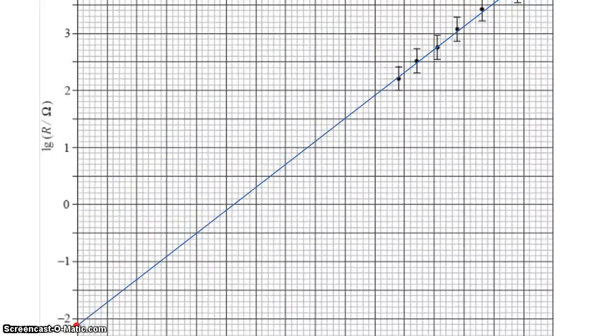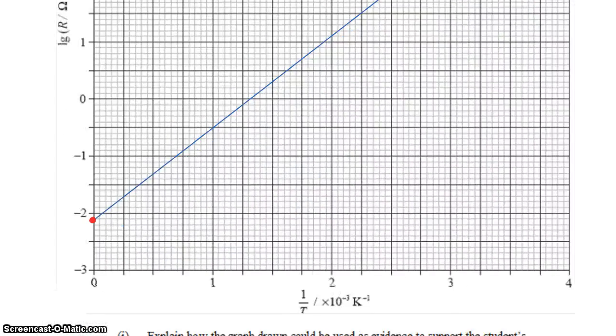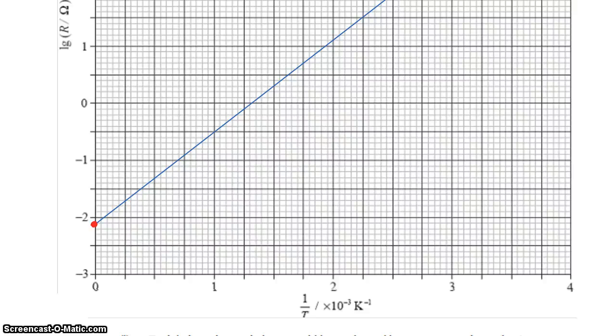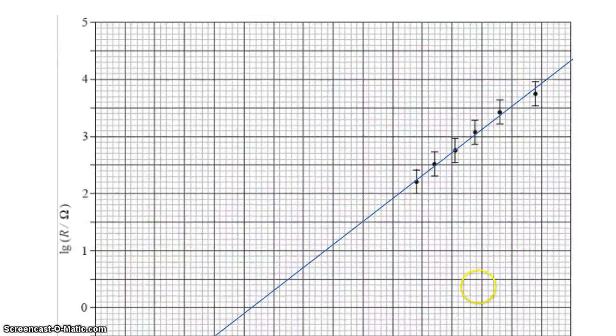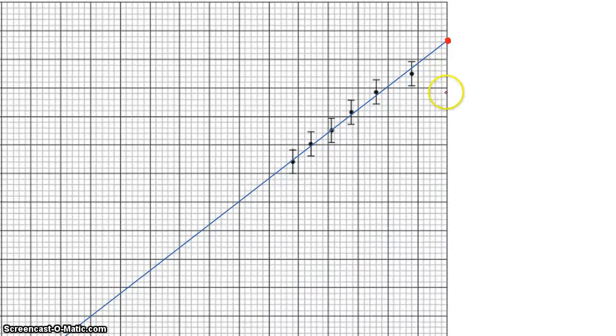Next we need the slope, so we need to pick 2 points that are reasonably far away. Well, this one's nice and far away. That's 0, comma, negative 2.1. And yeah, this one is as far away as you can get. You need to be using at least half the graph. Here we're using the whole graph, so that's perfect.